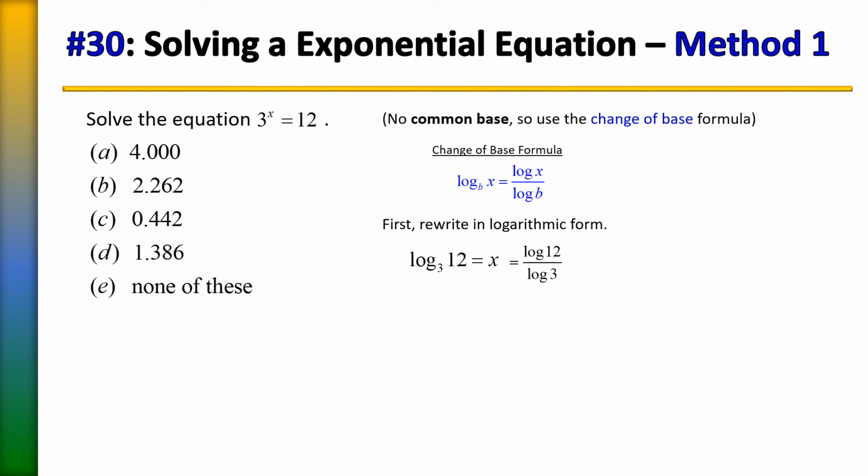You should get an approximate answer. And which one of those choices is it when you round it to 3 digits? You got it. Choice B. There you have it. Solving an exponential equation that does not have a common base using the change of base formula.